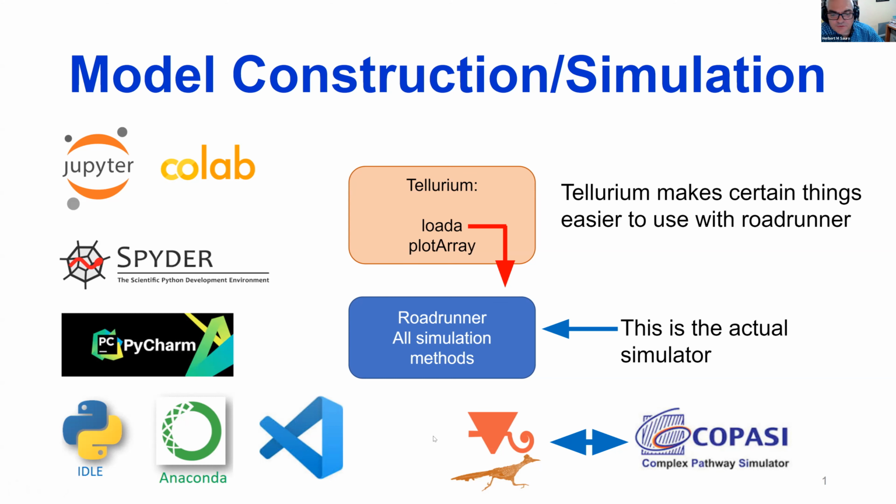The other thing to emphasize is that because we support SBML, which you briefly heard about yesterday, this is the standard format for exchanging biochemical models. You're not stuck with tellurium or Roadrunner. You can move your models from different tools. For example, Copasi is a popular one. If you like a GUI tool, you can move back and forth between any tool that supports SBML.